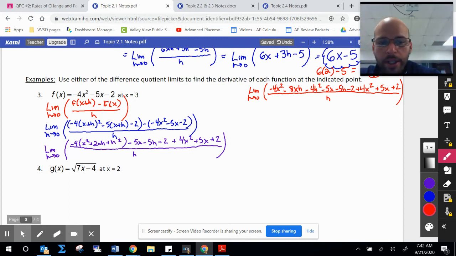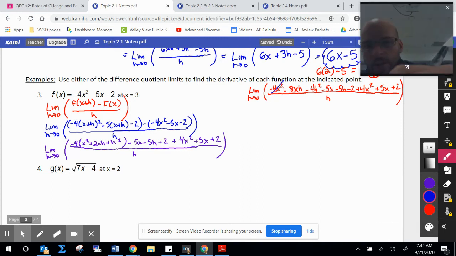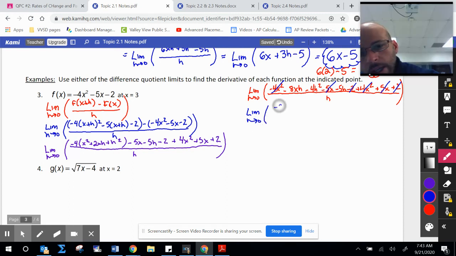And the fun part, I'm going to cancel. The negative 4x squared and the positive 4x squared, the negative 5x and the positive 5x, the negative 2 and the positive 2. So I have the limit as h goes to 0 of negative 8xh minus 4h squared minus 5h, all over h.